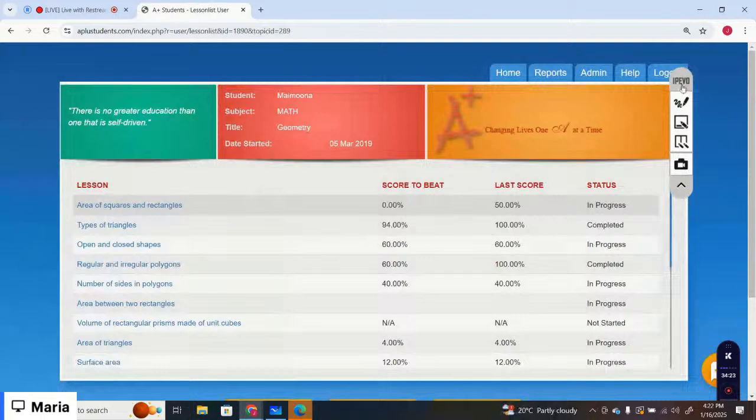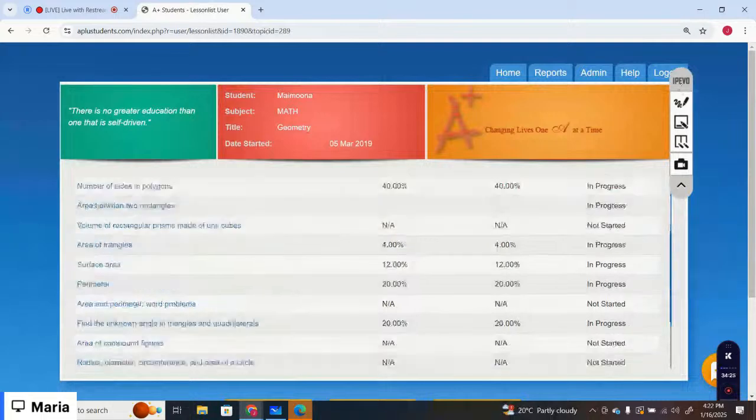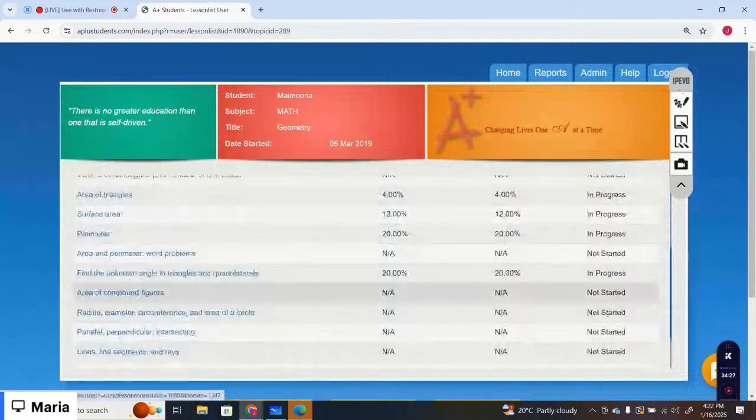The next lesson is area of compound figures.